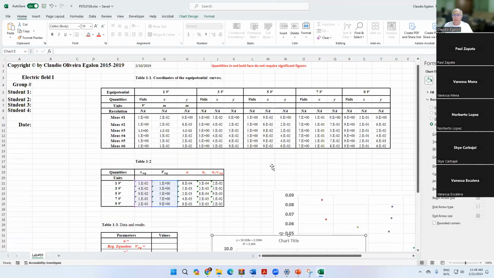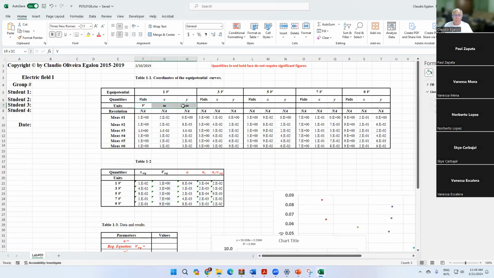Okay, and now you can start working on that. Volt per meter. All you gotta do here is copy and paste, that's all. Make sure you put it there. Otherwise, I want to take out points from you, okay?